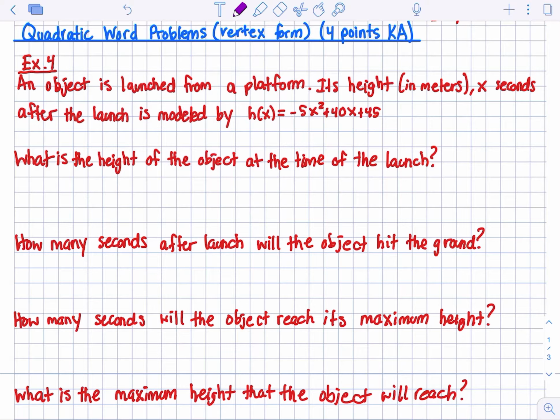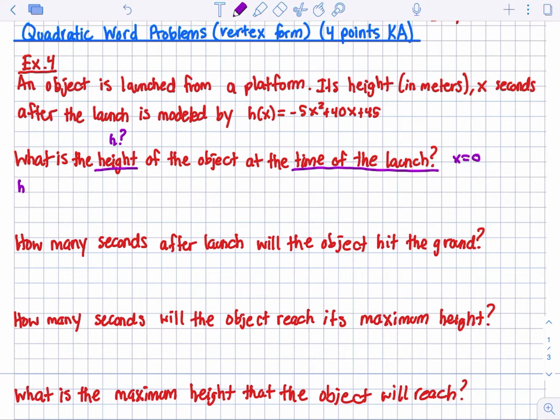What is the height of the object at the time of the launch? So that means you're looking for h, right? So I'm just going to write h, because that's what we're going to find, of the object at the time of the launch. At the time of the launch, that's when your time is equal to 0.